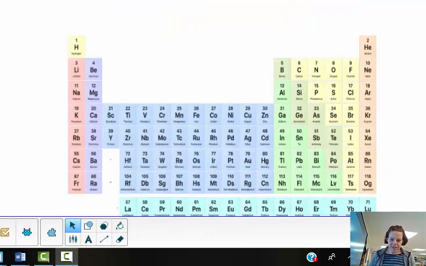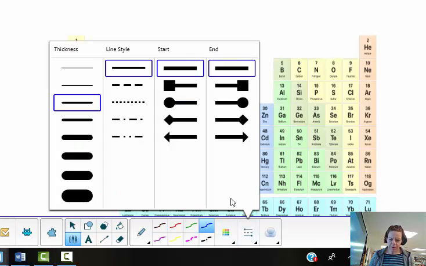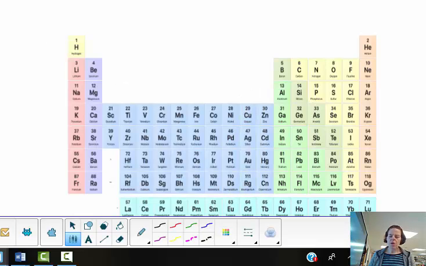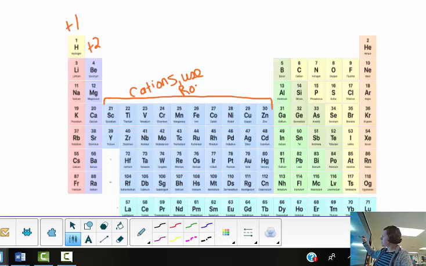Go through and write the charges on there for each of the groups. If you don't have this done on yours already, just do it with me right now, okay? So group 1, these guys form +1 cations. Okay, and that's all of group 1. This group is +2 cations. Okay, the transition metals, remember, you want to say cations, but use Roman numerals.